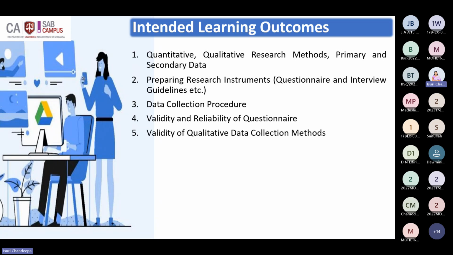Then preparing the research instrument, that means how you can prepare the questionnaire, what types of questionnaires you can prepare, and interviews. If we are going with interviews, what are the interview guidelines, etc. And then the data collection procedure, validity and reliability of the questionnaire, and then qualitative data collection methods, and validity of the quantitative data collection methods.